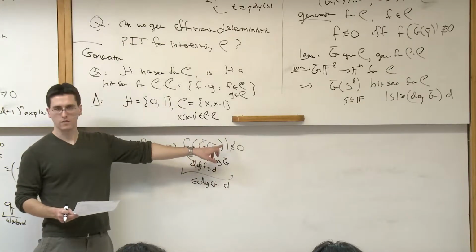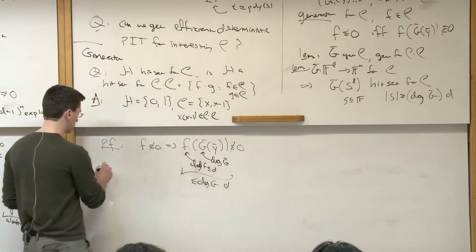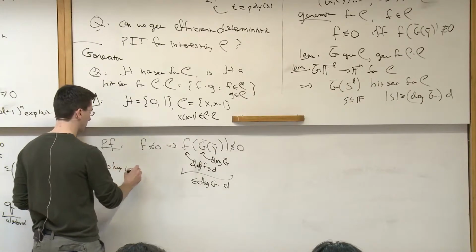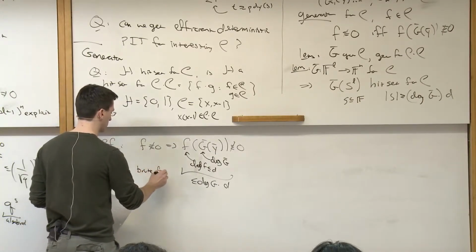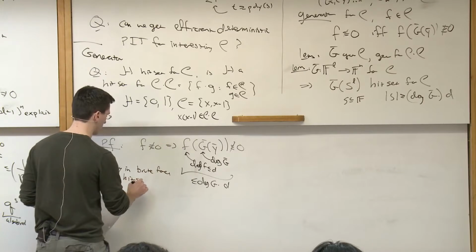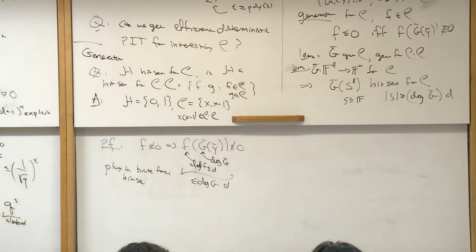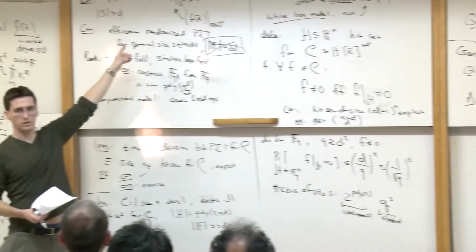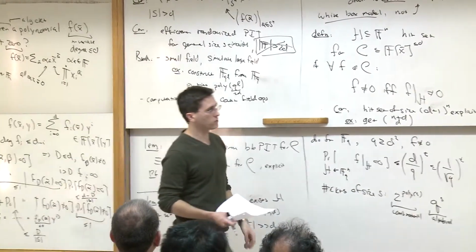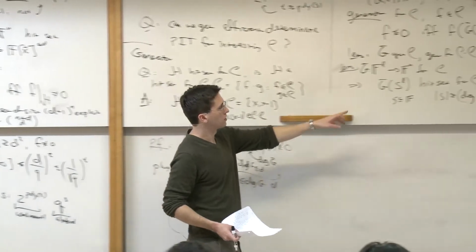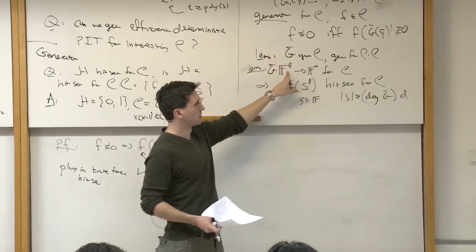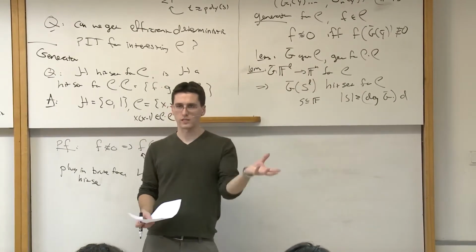And y has L variables, so you now just plug in the brute force hitting set. Replace y with this cube, and the lemma that I proved over here says that it works. So what you're doing here is, by using a generator, going from n variables down to L, and then you get a hitting set by just replacing it with the brute force thing.